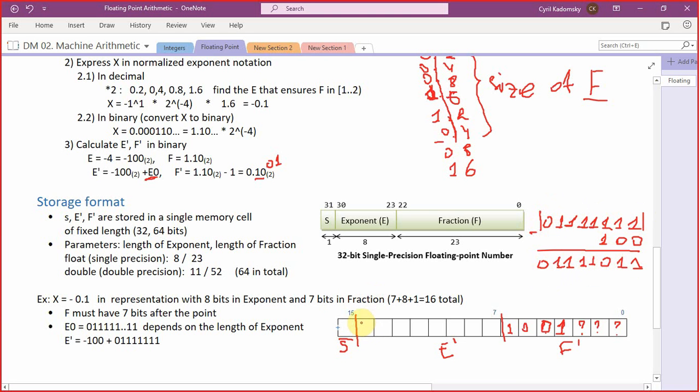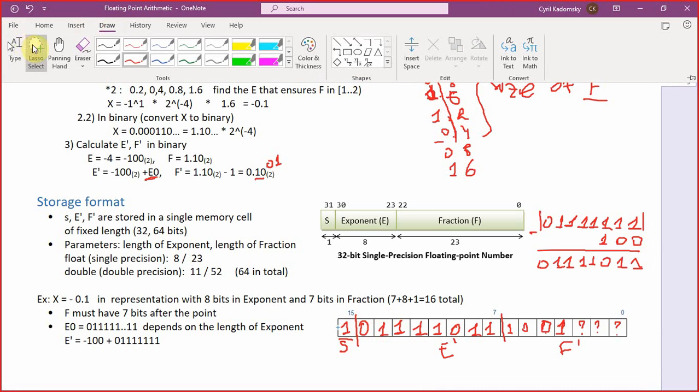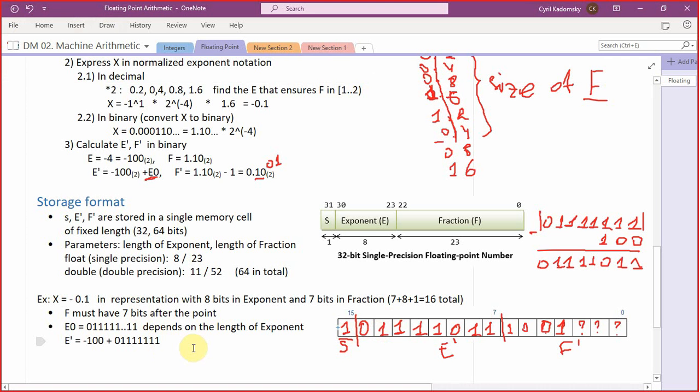The first bit is 0, then 1, 1, 1, 1, 4 ones, then 0, 1, and 1. And the sign bit, we have calculated it before. It should be 1 because our number was negative. That is actually the final result. I also will put the biased exponent here. It is 0, 4 ones, 0, 1, 1. Okay.